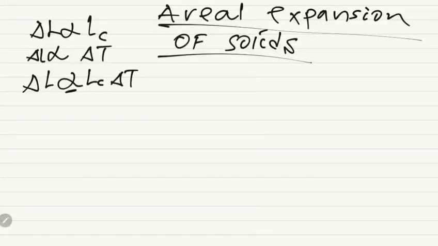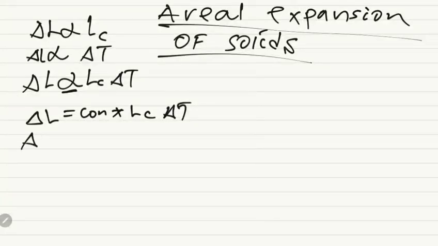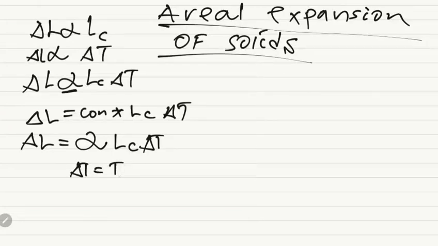This proportionality is turned to equality by introducing a constant. So the change in length is equal to alpha, the coefficient of linear expansion, times the length at the colder temperature times the change in temperature. And the change in temperature is the hotter temperature minus the colder temperature.